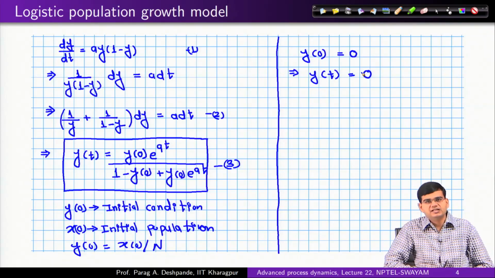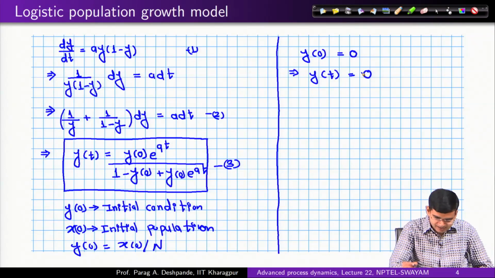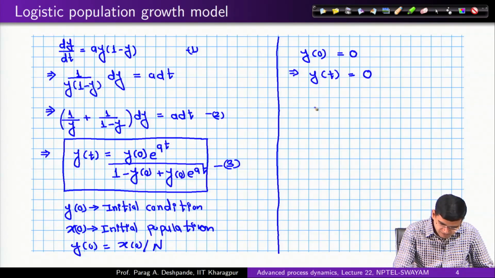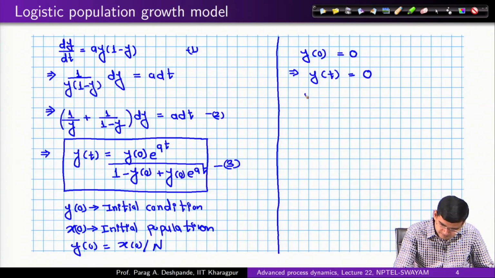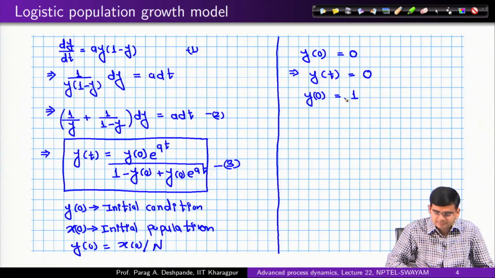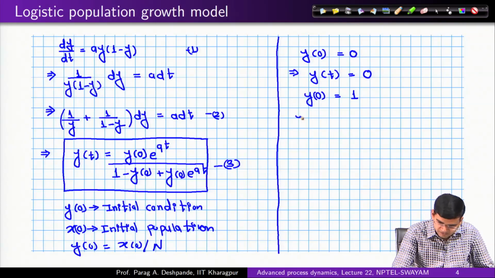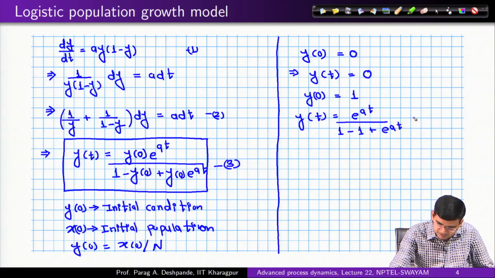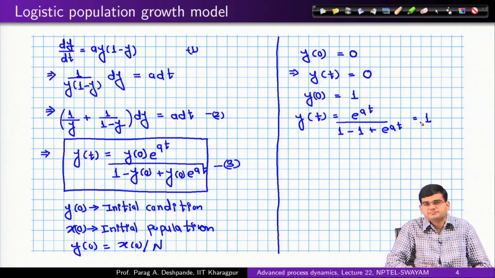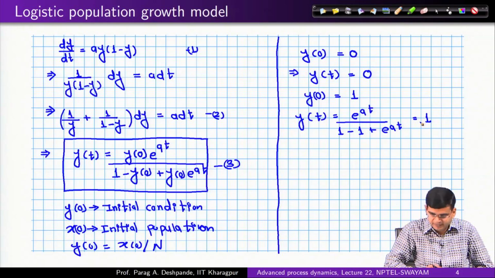Quite trivial observation. But let us see, if I have y 0 is equal to 1, right. So, then y of t would be what? E to the power a t divided by 1 minus 1 plus e to the power a t, which is 1, right, and this is independent of time.